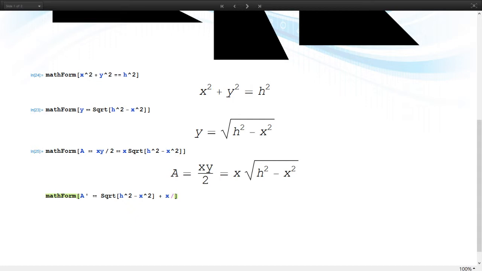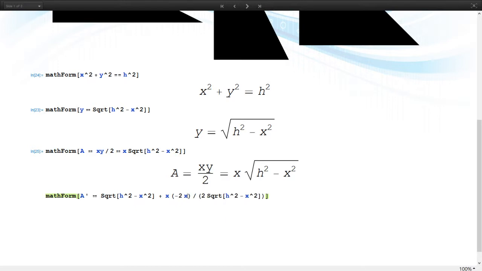So the outside function is the square root function, and that'll be 1 over 2 times the square root of x, but we plug in our inside function, which is h squared minus x squared, and then we multiply by the derivative of our inside function. The inside function is h squared minus x squared, so its derivative is negative 2x. And that'll go on the top here, the top of our fraction.